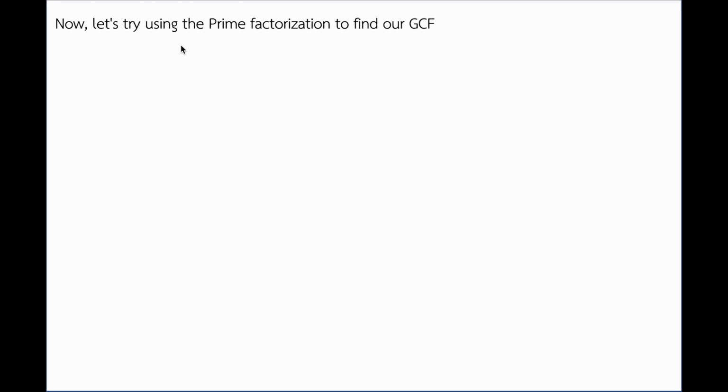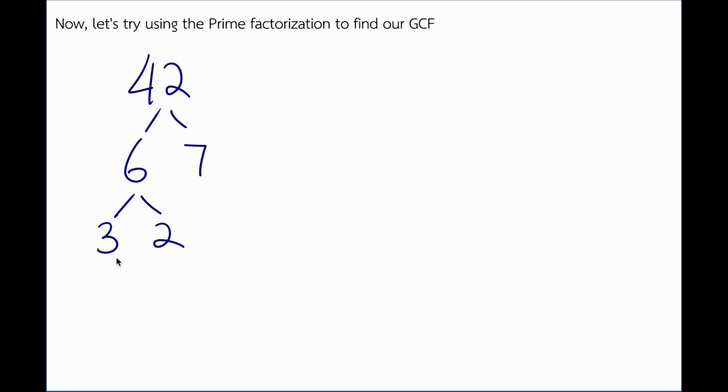Now let's try using the prime factorization for finding our GCF. So, the factors of 42 are 6 and 7. And we can break 6 down to 3 and 2. So our prime factors for 42 are 3, 2, and 7. The factors of 63 are 7 and 9.